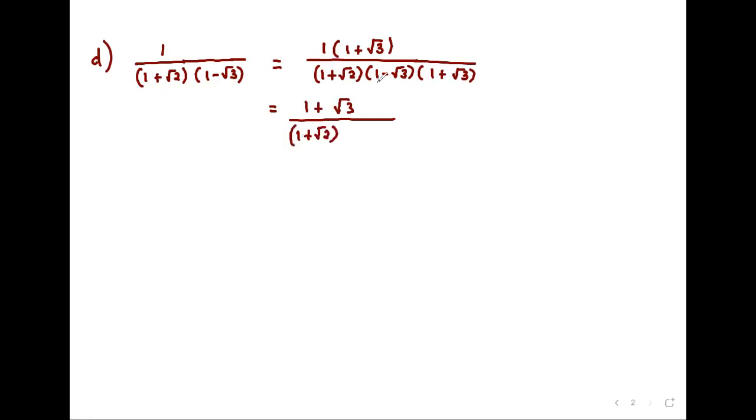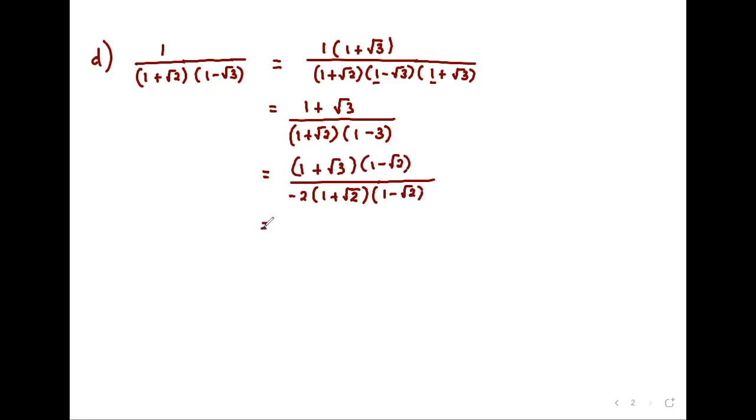And then here 1 by 1, we have 1 minus 3. So what we have now is 1 plus root 3 over 1 minus 3, that's minus 2, and then 1 plus root 2, multiplied by, rationalize now, 1 minus root 2, also on top 1 minus root 2.